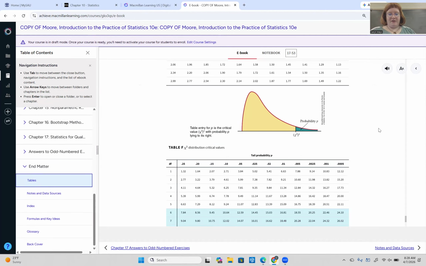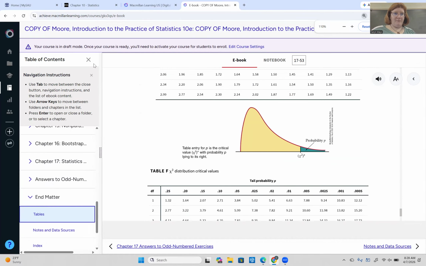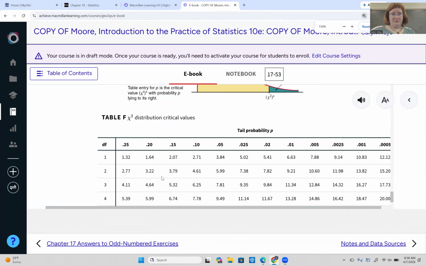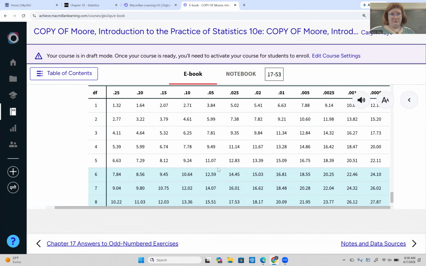What was our degrees of freedom? 4. What was our chi-square statistic? 18 something. Specifically, because I do see an 18 point something is on here, 18.28.